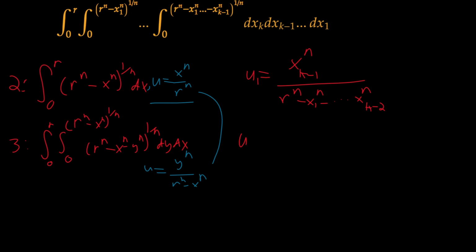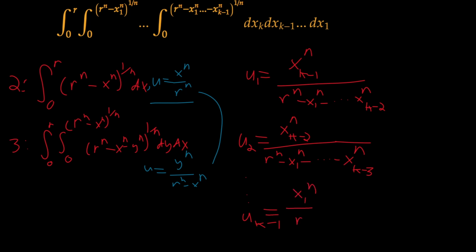We can say u2 is equal to x_{k-2}^n over r^n minus x1^n minus ... minus x_{k-3}^n. And what we can essentially do is just continue this trend, up until u_{k-1} is just equal to x1^n over r^n.